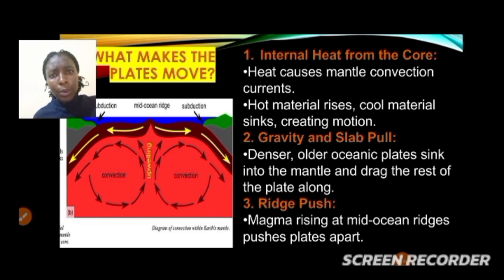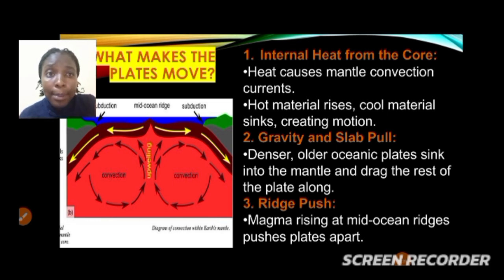Also, if you have made porridge, when cooking porridge and it's coming to boiling, you can see how it boils, going downward and upwards in a convectional manner.